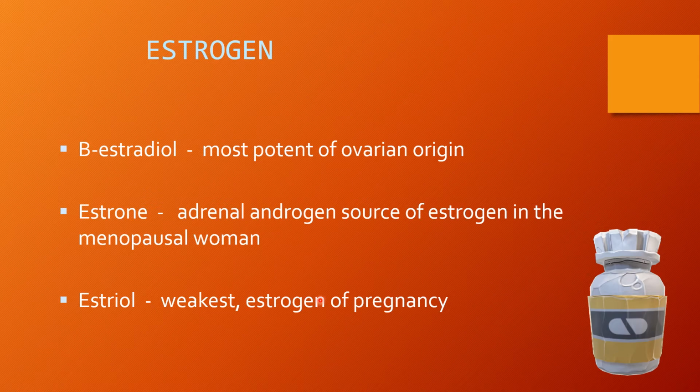Your estrone is the adrenal androgen source of estrogen in menopausal women. And your estriol is the weakest estrogen, which is also called your estrogen of pregnancy.